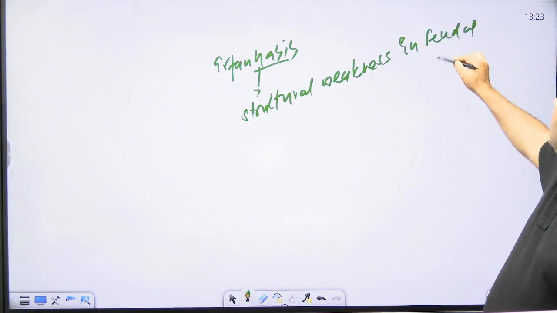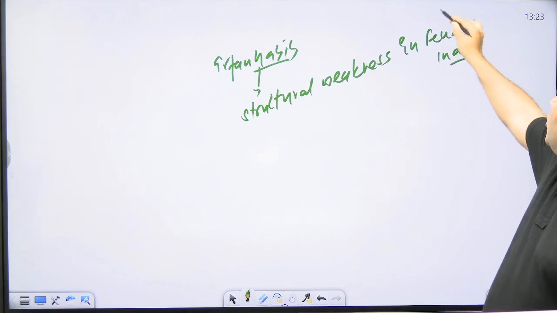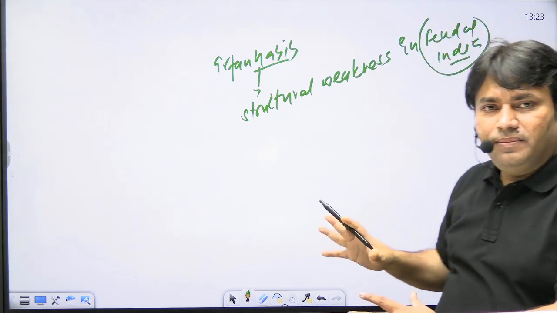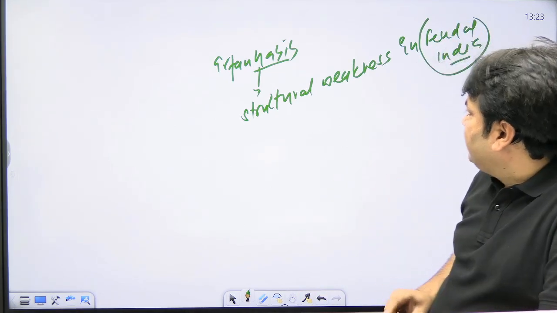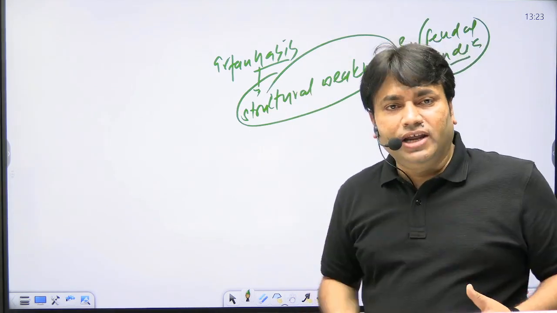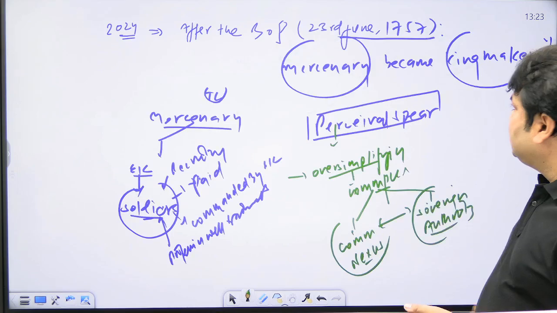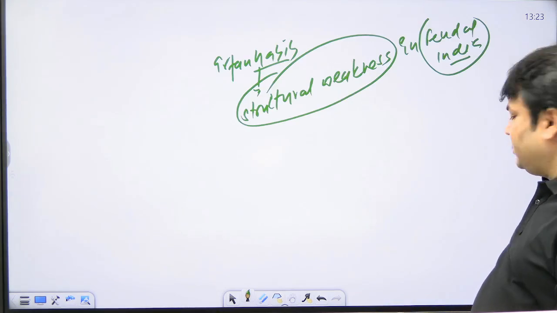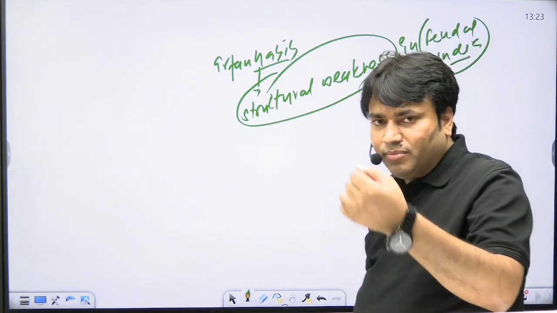It means the nature of the Indian political system was largely feudal. Okay, and there were some structural weaknesses, and due to these structural weaknesses, these mercenaries were successful in becoming the kingmakers.